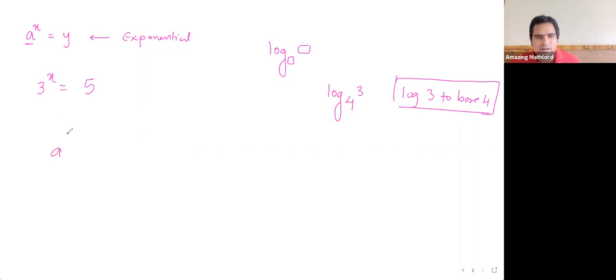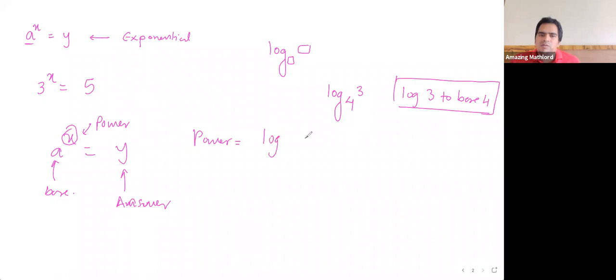If you've got a to the power x is y, y is my answer, x is the power, and a is your base. When converting an exponential relation to a logarithmic relation, remember that power equals log of answer to the same base that you had written this exponent to.